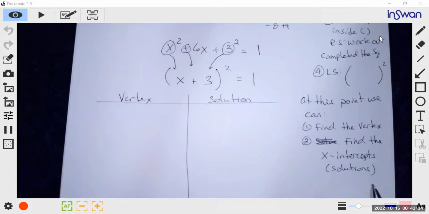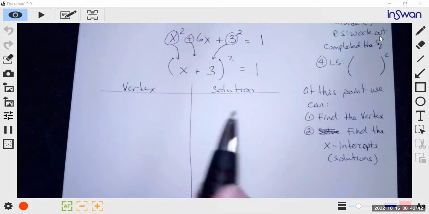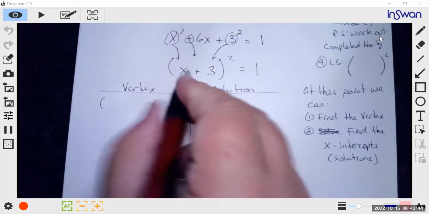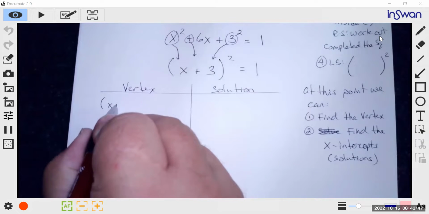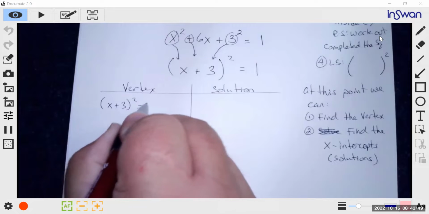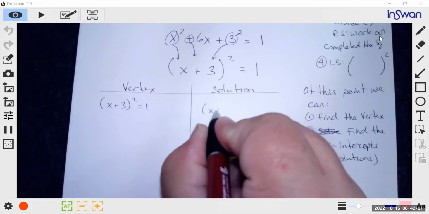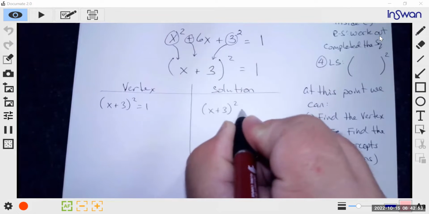Remember, when I say solutions, I'm meaning x-intercepts. So let me write this equation out. X plus 3 squared equals 1.